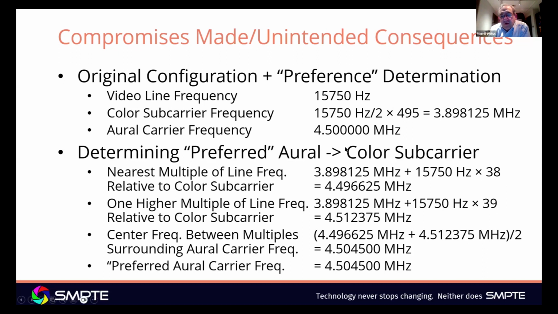So effectively, we traded moving the aural carrier by 1.001 times the original aural carrier for moving the line frequency, and it's the line frequency more than the color subcarrier frequency that's the impact.